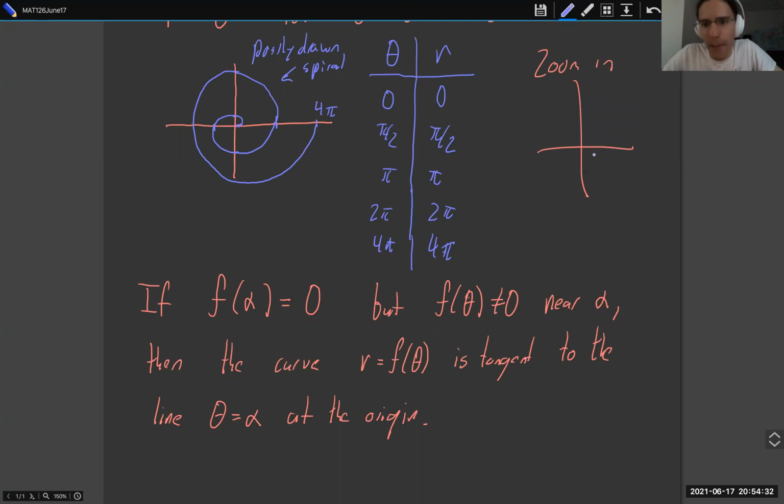If I look at what happens at 0, let's say this is pi over 2. Then if I look at, for example, the angle 1/2, at 1/2, it would be pi over 4. If I look at half of that angle, it would be half of this measure right here.